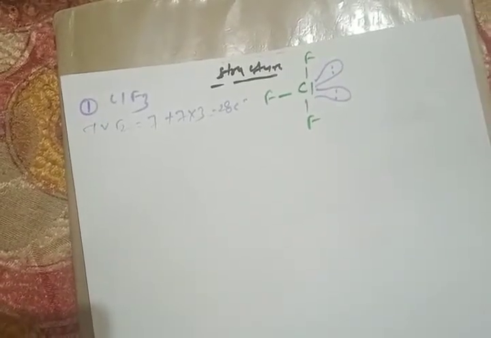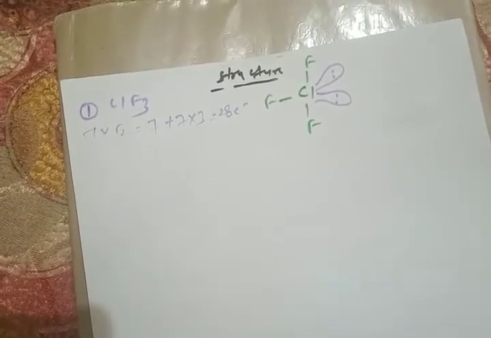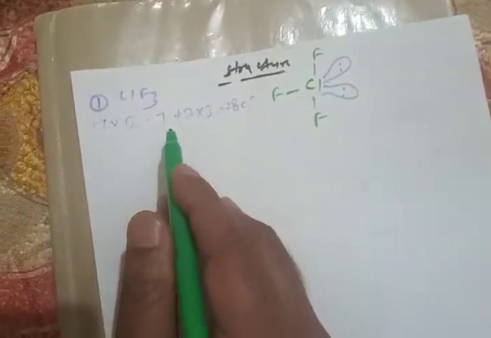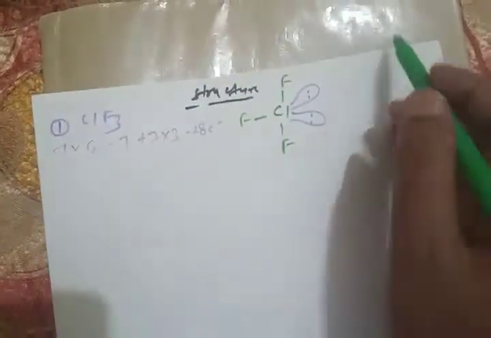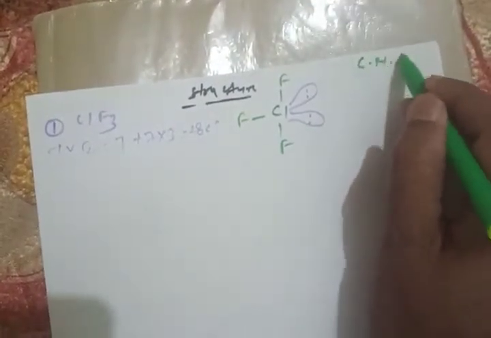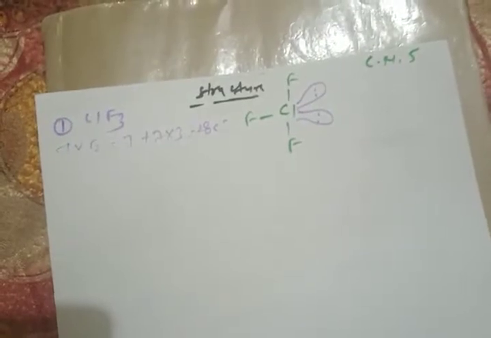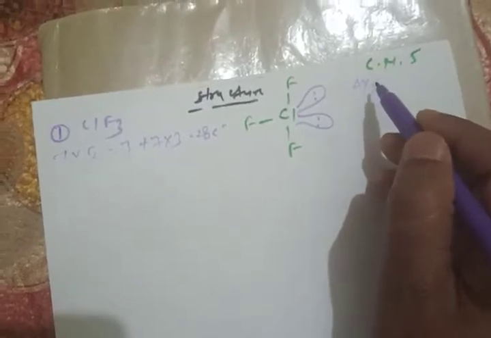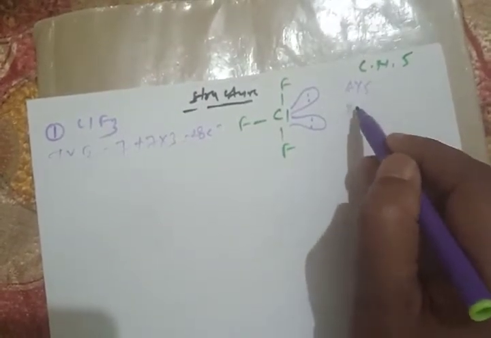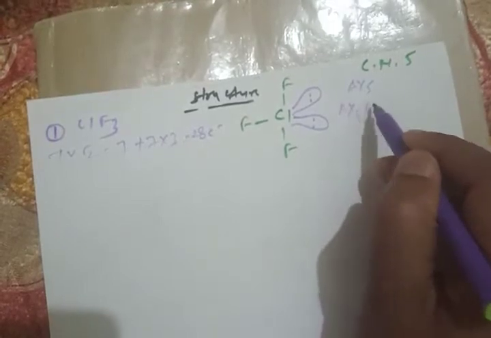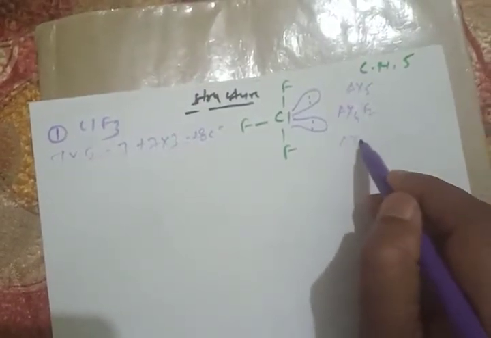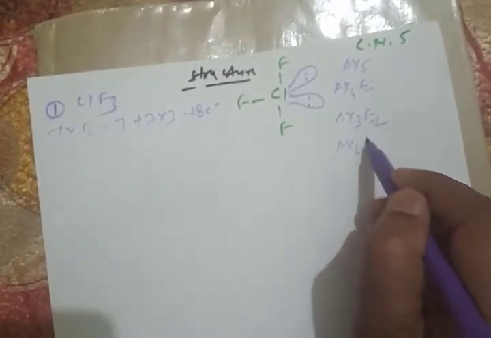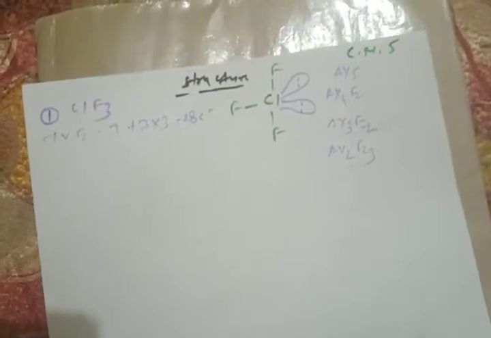Okay, so this is an example of trigonal bipyramidal geometry because it belongs to the category of coordination number 5. Coordination number 5 has different arrangements like AX5, AX4E, AX3E2, then AX2E3.